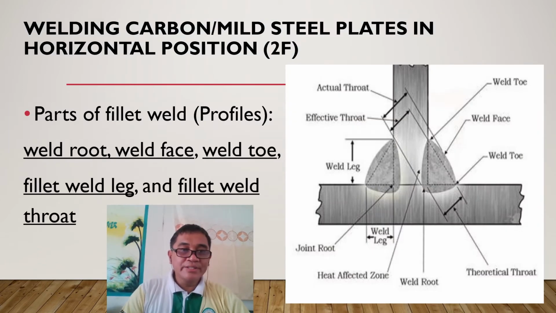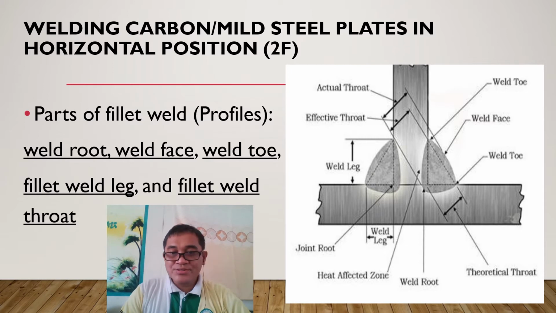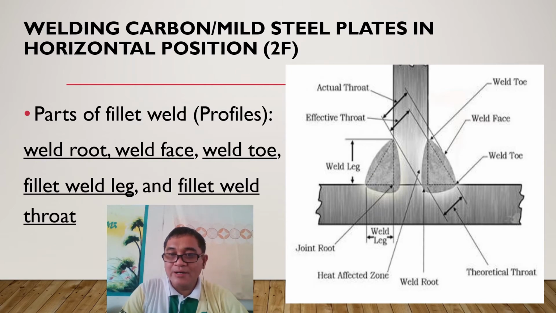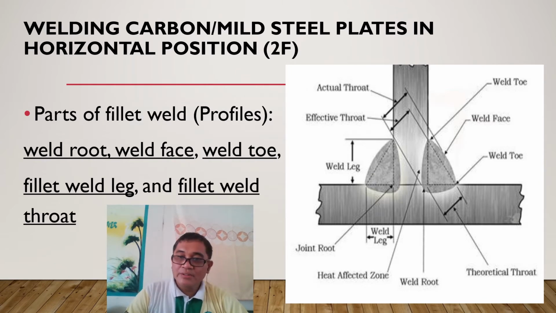So we have here the fillet weld profiles, the parts of the fillet weld. You have the weld root, the weld face, the weld toe, the fillet weld leg, and the fillet weld throat. Notice on the picture on the right side, put those names to the corresponding arrows.